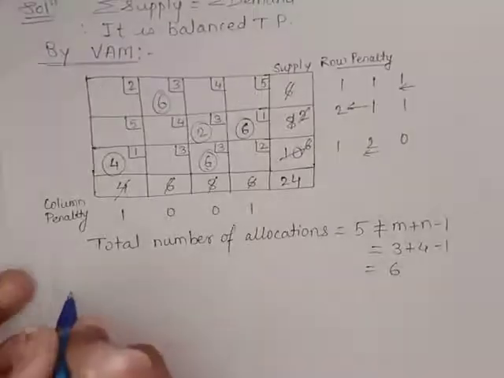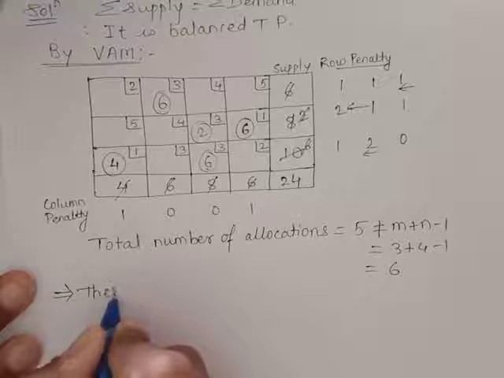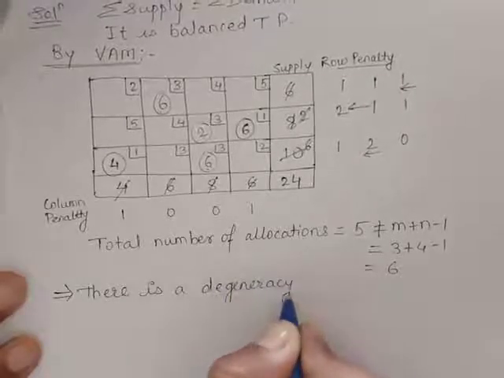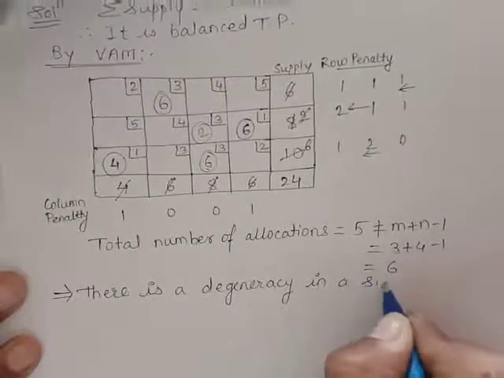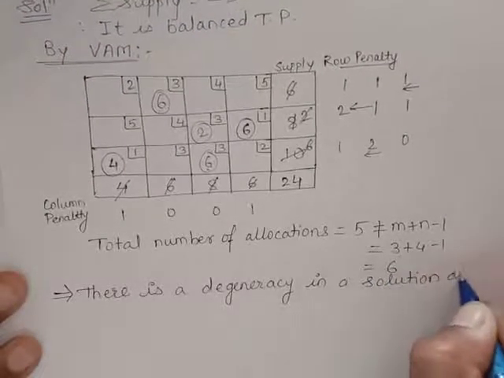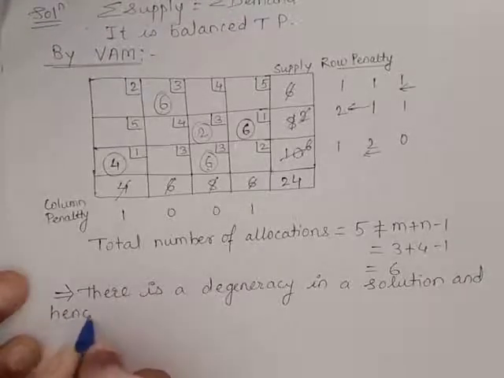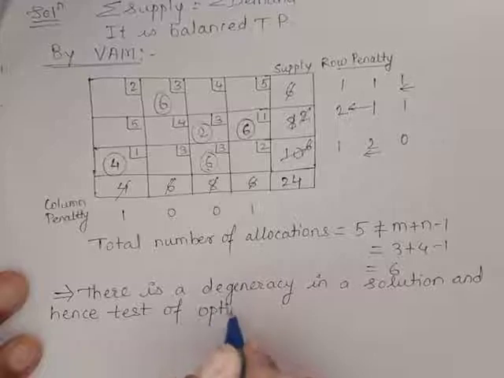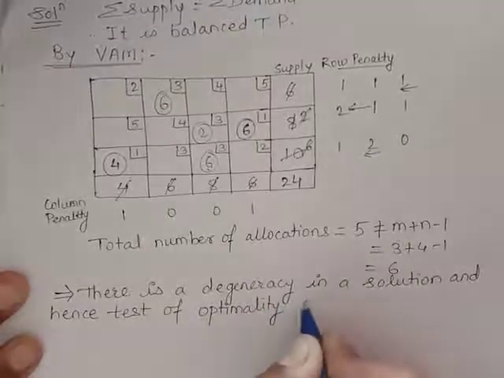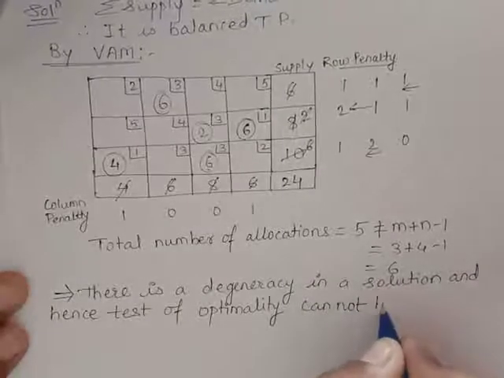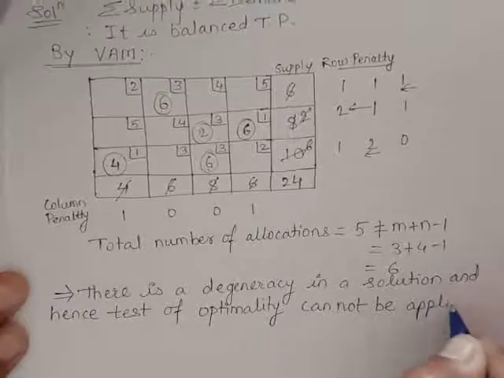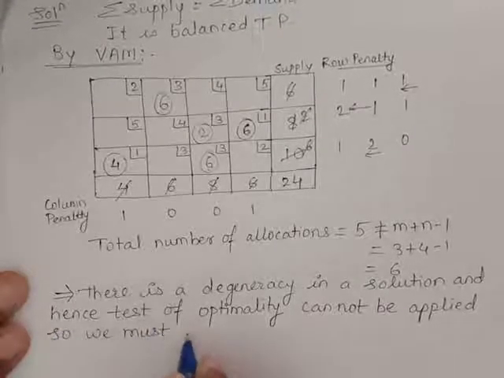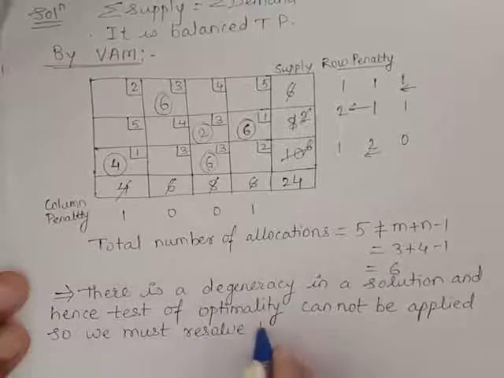Therefore this says there is a degeneracy in the solution, and hence the test of optimality cannot be applied. So we must resolve the degeneracy.